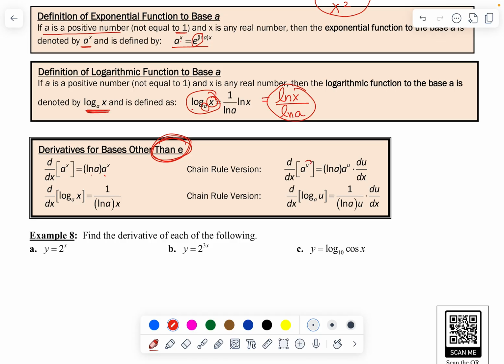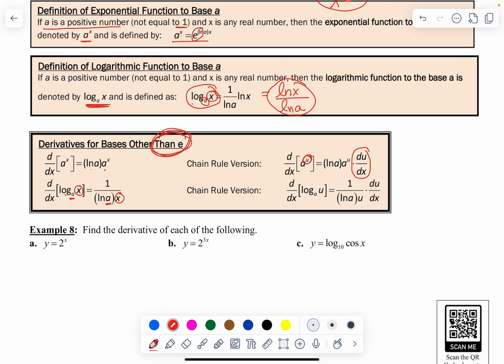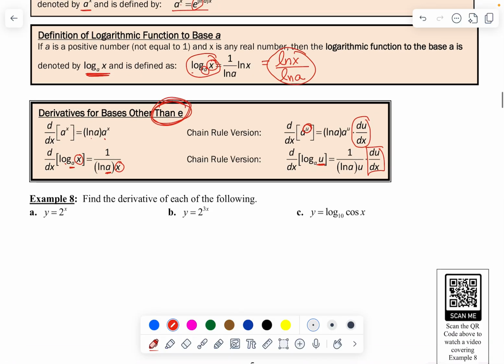And if x is not just x, if it's an actual function, you have to remember to take the derivative of that function. And then the derivative of log base a of x is always going to be 1 over ln of whatever this base was times whatever this x is. And then, of course, if the x is a function, you got to take the derivative of that function.